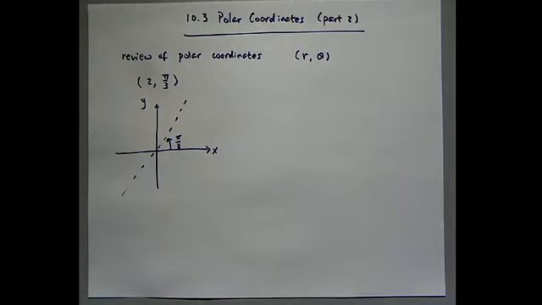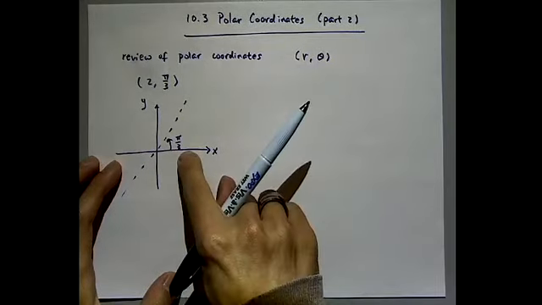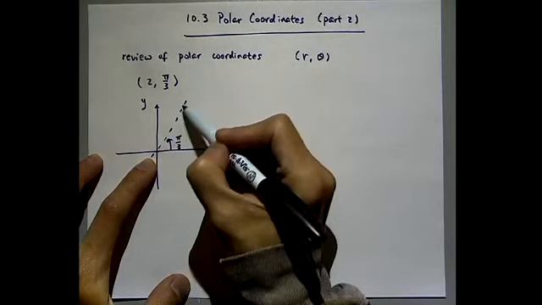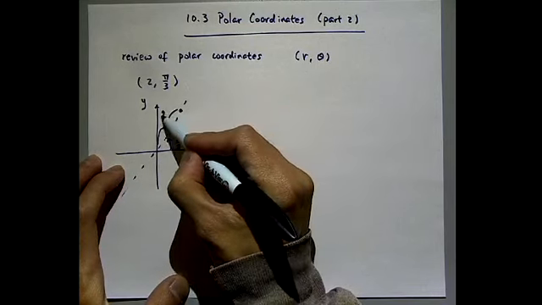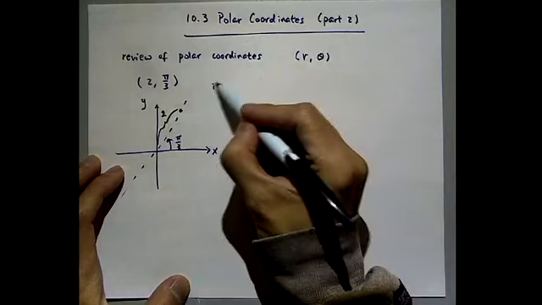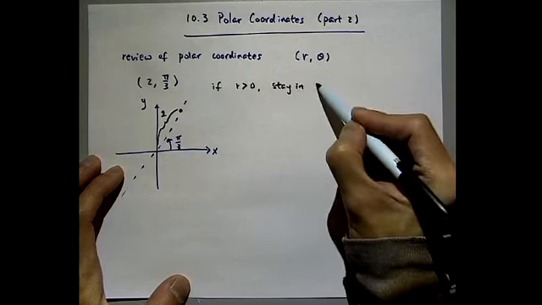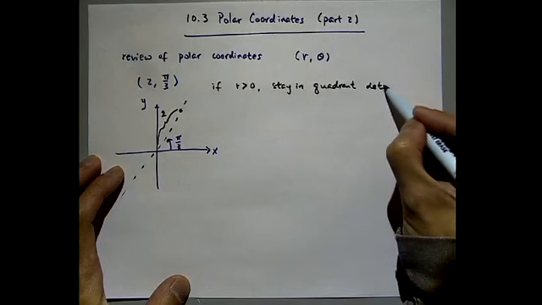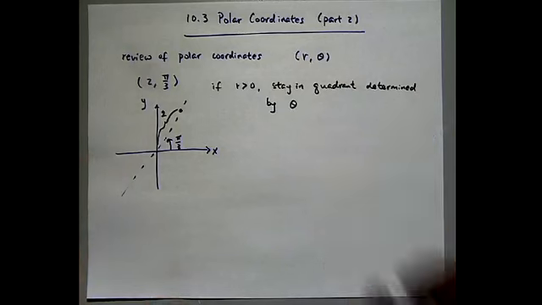Then if r is positive, this determines what quadrant you start in. This is in the first quadrant. If r is positive, you stay in the same quadrant, so you go 2 units forward into that quadrant.